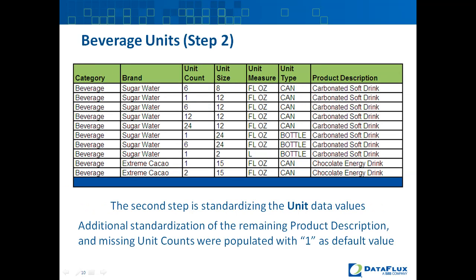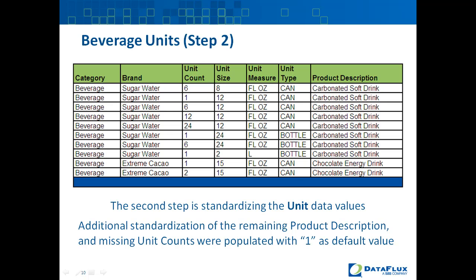So we'll do that in our second step, where we'll go through, and in this case, we're going to use numeric representations for the unit count and unit size. We're going to standardize on fluid ounces and liters as the units of measure.